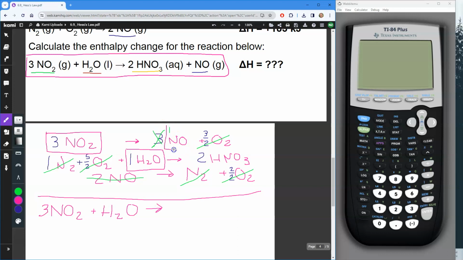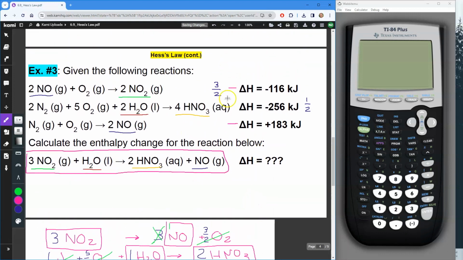We have our 1 nitrogen monoxide. And then we have our 2 HNO3s here. Okay, now we want to multiply the first reaction by 3/2 and then switch the sign.